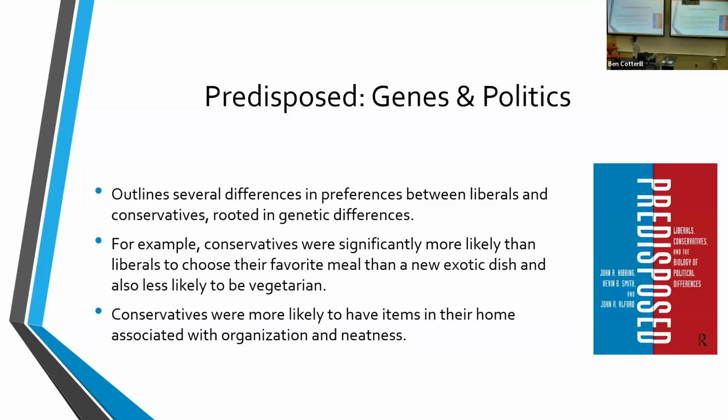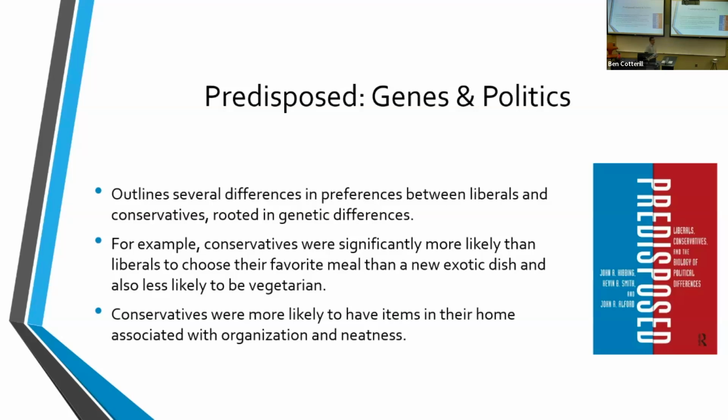And the differences they found weren't just to do with foods. There was a whole wide range of differences, that those on the left were more likely to write fiction. They were more likely to be novelists. They were more likely to have arts and craft materials at their home, more likely to have stationery equipment at their home.